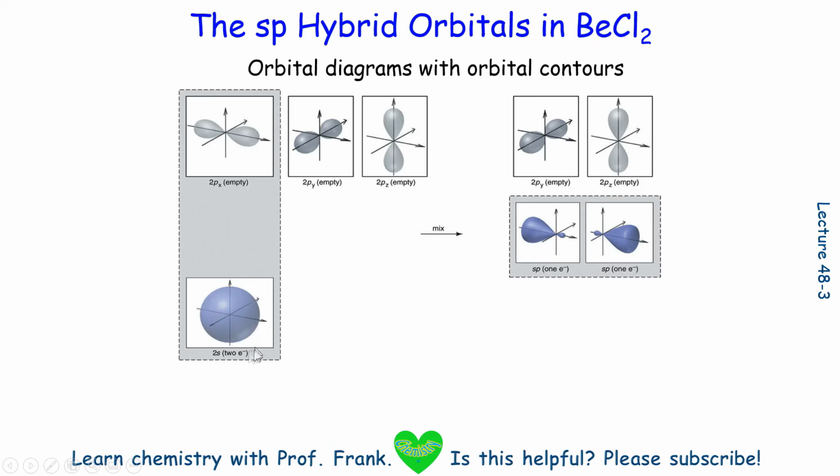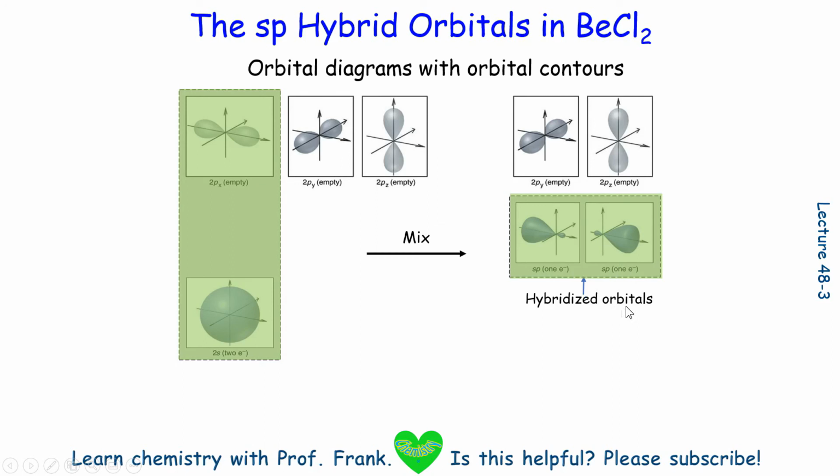We already know the isolated 2s and one of the 2p orbitals. After mixing, they form two sp orbitals, the hybridized orbitals.